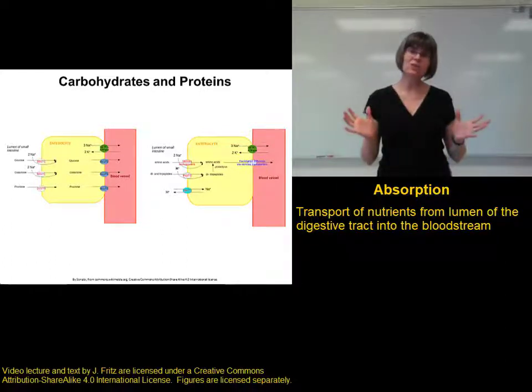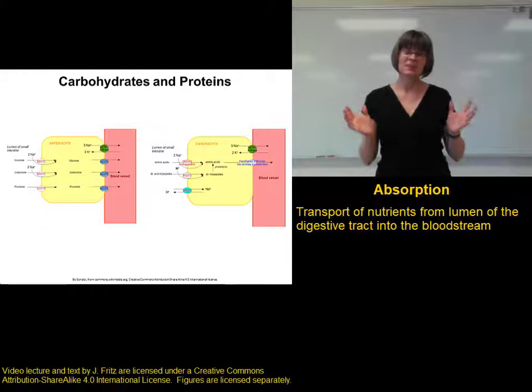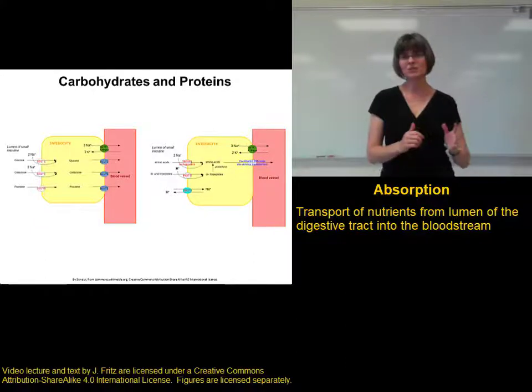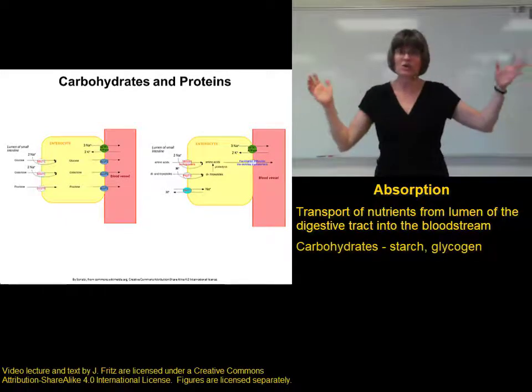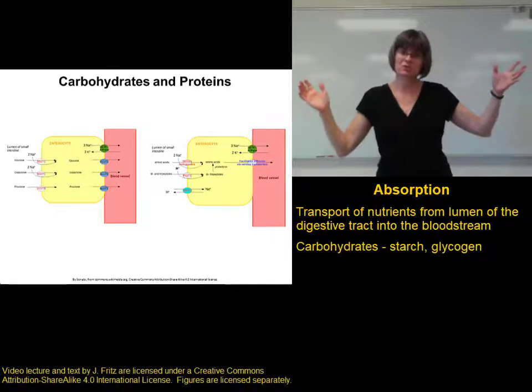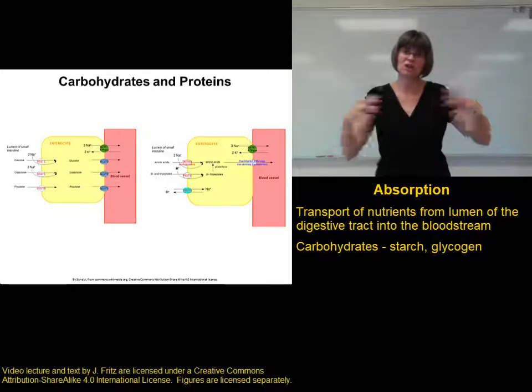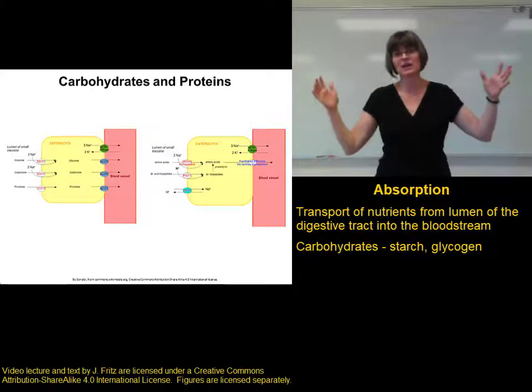So let's take a look at the main dietary molecules one at a time, starting with the carbohydrates. Carbohydrates start out as long chains of sugar molecules. Things like starch and glycogen are polysaccharides, or long chains of sugars.